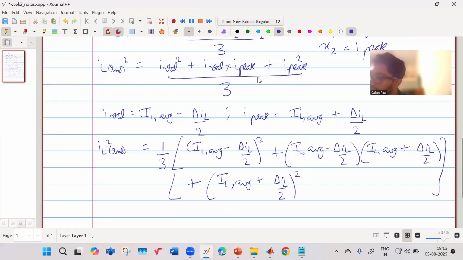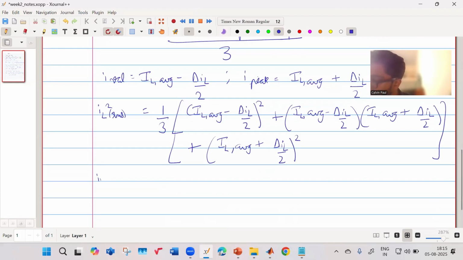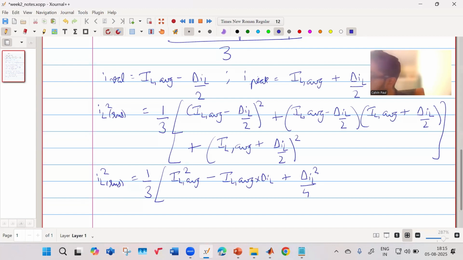So what does this become? IL RMS square is 1 by 3 into IL average square minus IL average into delta IL plus delta IL square by 4, because this is A minus B the whole square. Similarly, this is A minus B into A plus B, that is actually A square minus B square. It is simple.